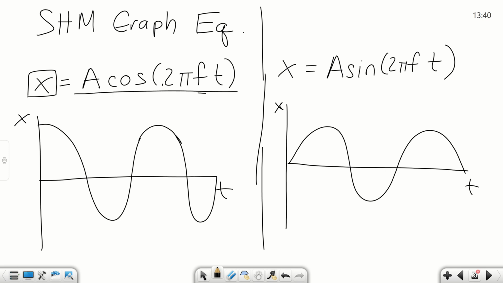The cosine function represents when the object is at the maximum amplitude at the start of the problem. The example here would be you push in the spring and then release it. You start with the A cosine 2 pi f t formula because you start away from 0 and it's returning back to 0. So that's where you use the cosine function.